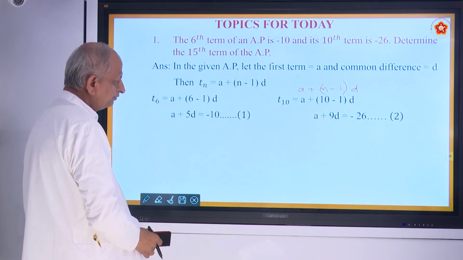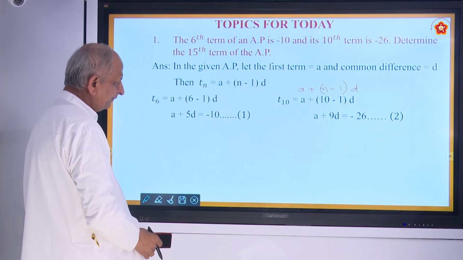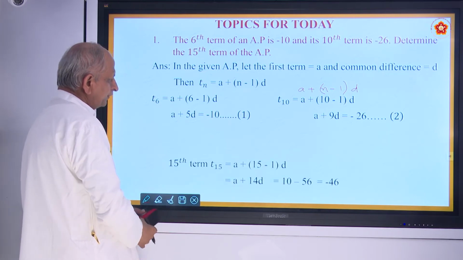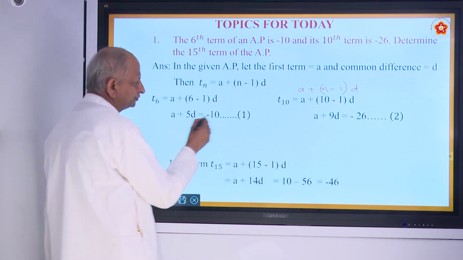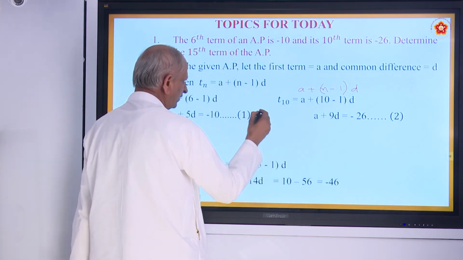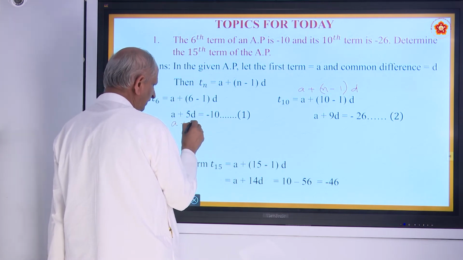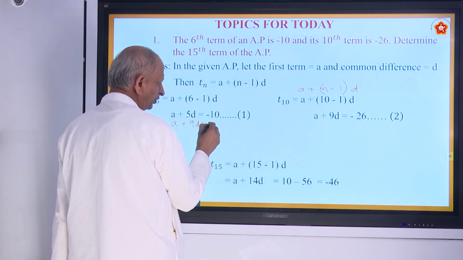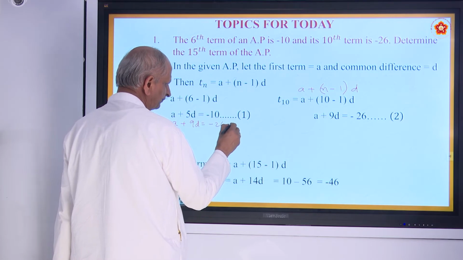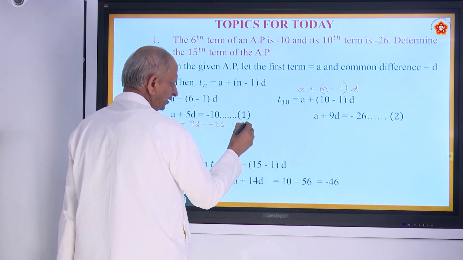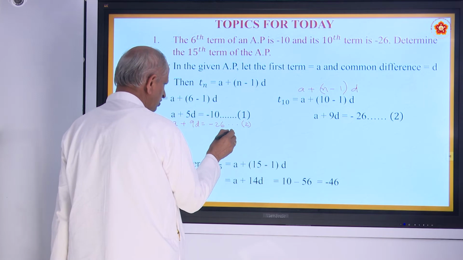How to solve? Suppose you subtract 1 from 2, what do you get? So equation 1 we will write below this only. A plus 9D is equal to minus 26. That is equation 2.